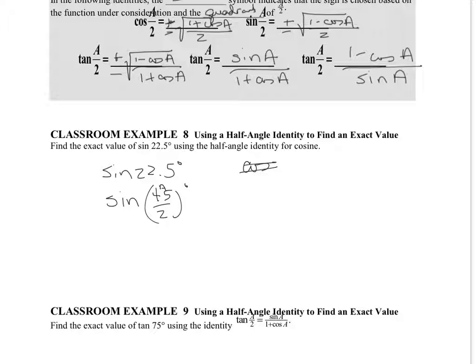So if I go back and I look at what the replacement is, now I'm going to end up with this replacement, positive or negative, square root of 1 minus the cosine of, what did we decide A was? 45. And then that's going to get divided by 2.